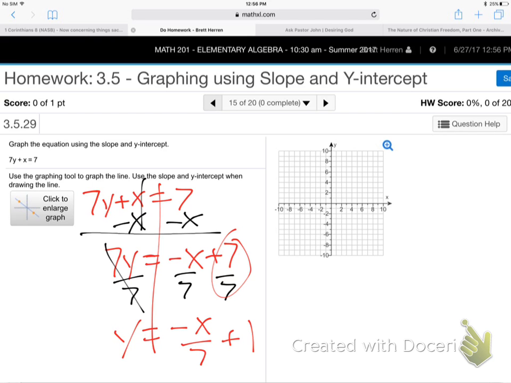And now can you graph it from there? Hey, there's no number on the top of this fraction. So you know what we do? Just put in a 1. All right, so where do we start our graph?